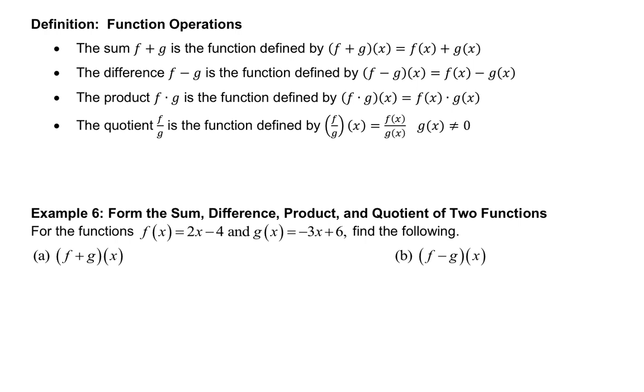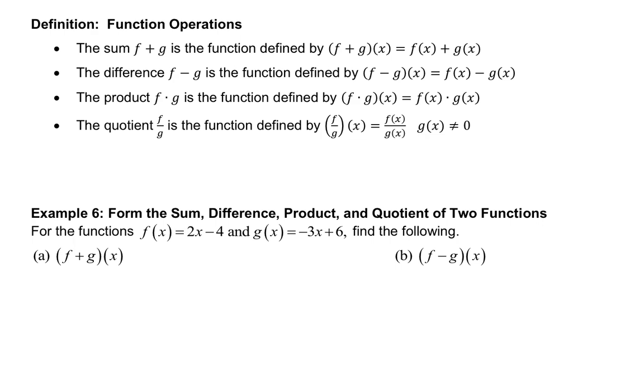So again, f of x minus g of x. Product means you're multiplying, so f times g of x is f of x times g of x. And the quotient, f divided by g of x, is f of x divided by g of x, but g of x cannot be 0.